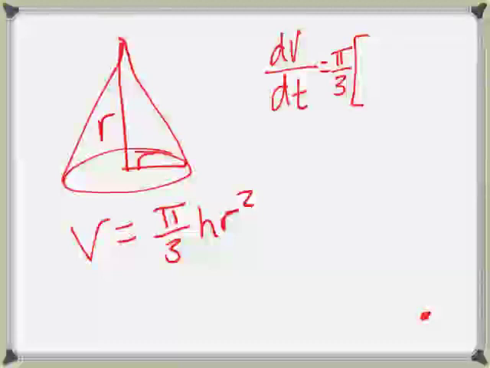So product rule first, so h times the derivative of the second. What's the derivative of r squared? 2r, but we're taking it in terms of time, so we need a dr/dt. Kind of like when we did that implicit thing, and every time we took the derivative of a y, we needed the dy/dx.